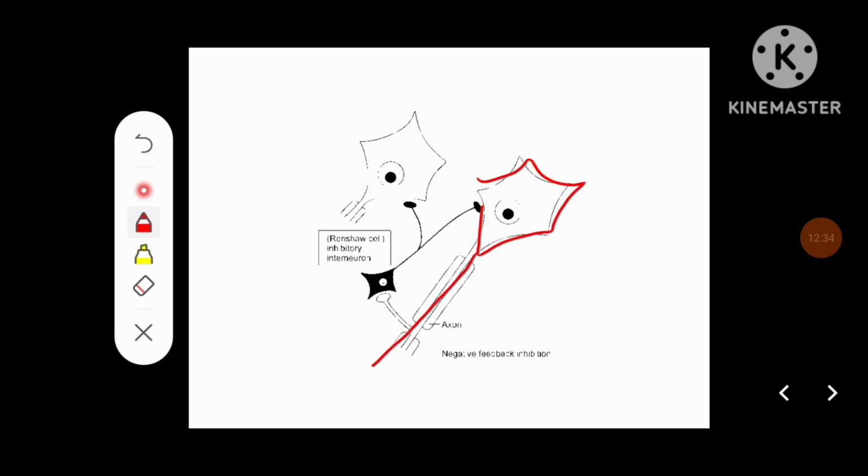When it discharges, it sends some collaterals to the Renshaw cells, which are inhibitory in nature. By a negative feedback mechanism, they can inhibit the other motor neurons by producing an inhibitory neurotransmitter, and these cells become inexcitable to other impulses. This is an example of postsynaptic inhibition.